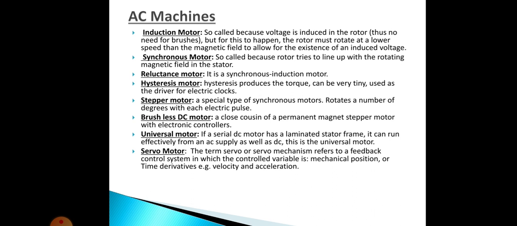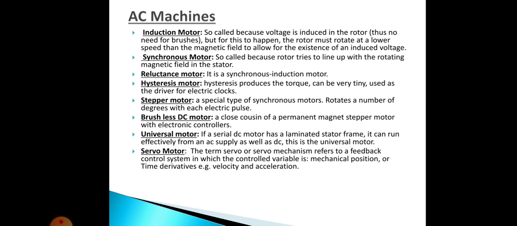The next one is the synchronous motor. It is so called because the rotor lines up with the rotating magnetic field in the stator. It has the stator of an induction motor and the rotor of a DC motor.